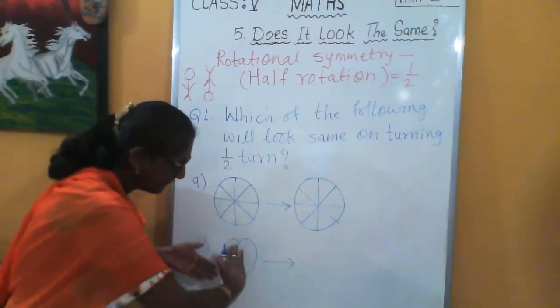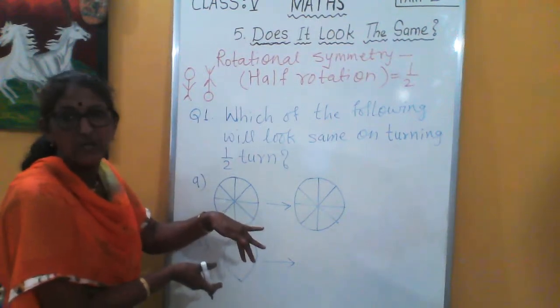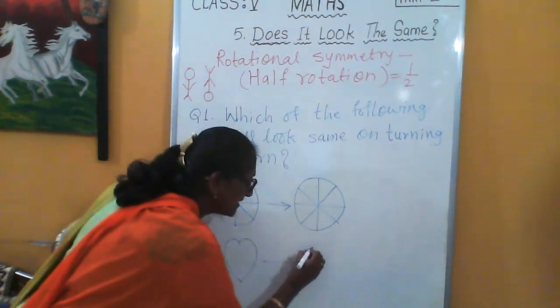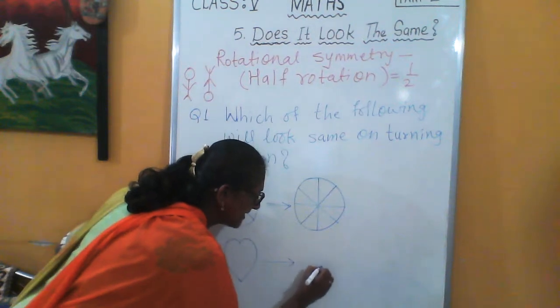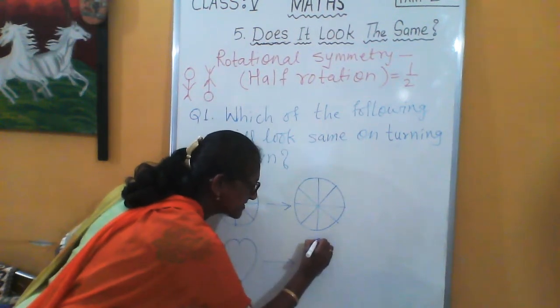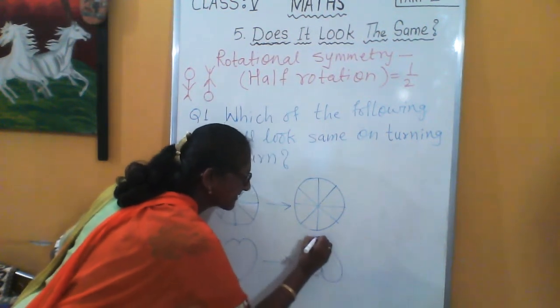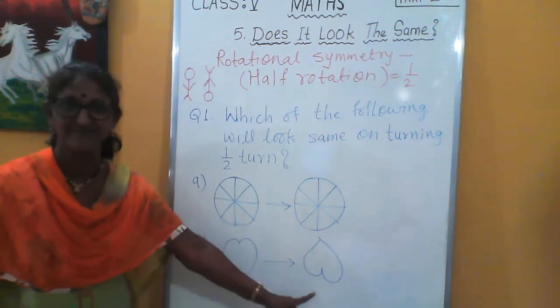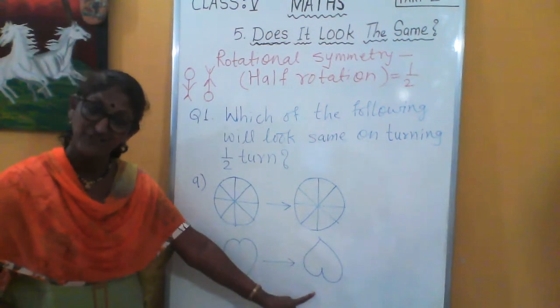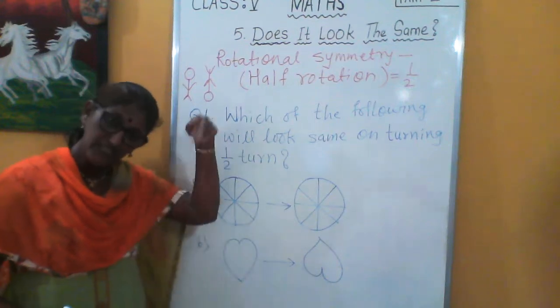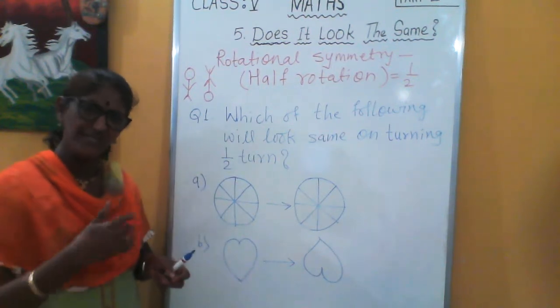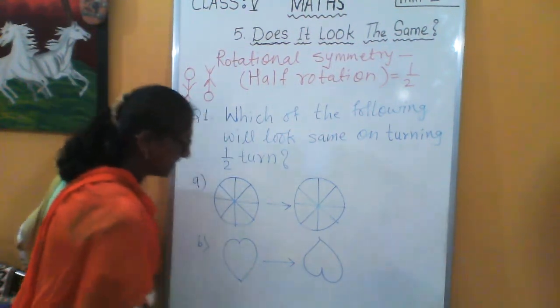No. If we turn like this, we will not get the same figure. We will get it exactly opposite. This way we will get it. So this way we have to think.